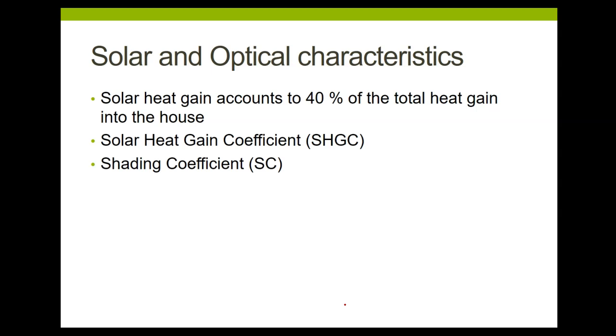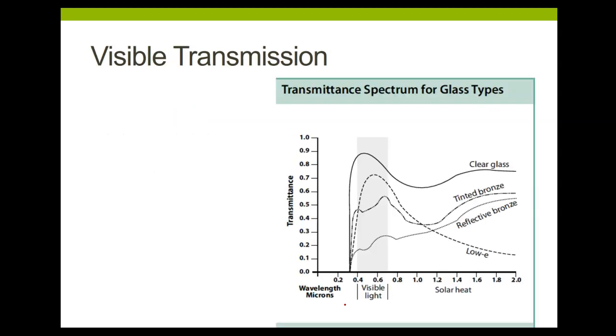Shading coefficient. How much does it shade? Do we want it? Here's the shading coefficient. Do you want shading? It depends. You can have some tinted glass, but tinted glass also blocks visible light, and you want that visible light in here. So this is clear glass, tinted bronze, reflective bronze, and low emittance.